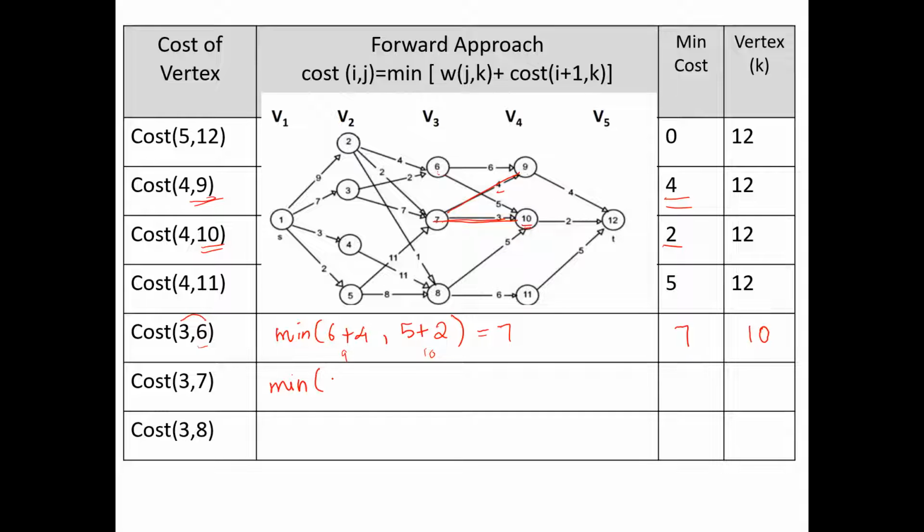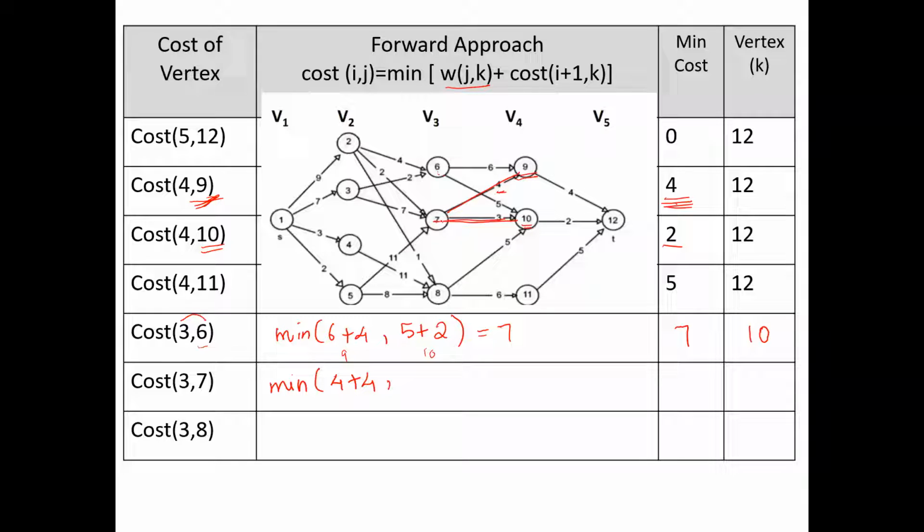So we are writing the edge cost as 4 plus what is the minimum cost of the node 9. Minimum cost of node 9 we have already calculated in the table. It is 4, right? So it is 4 plus 4. Edge cost is the weight of the edge, the edge is 4 and the node 9 is also 4, comma.